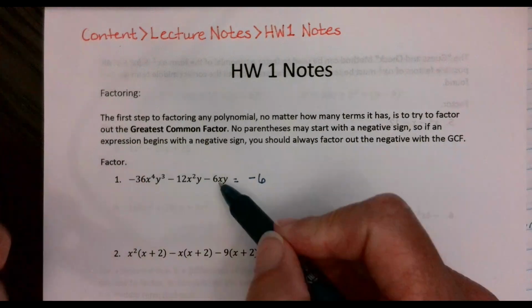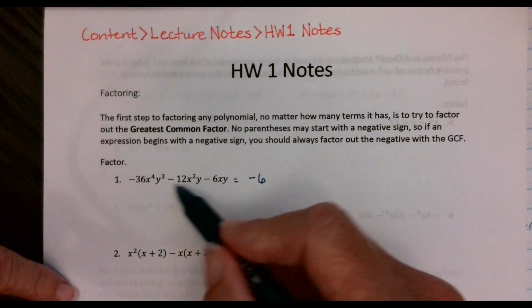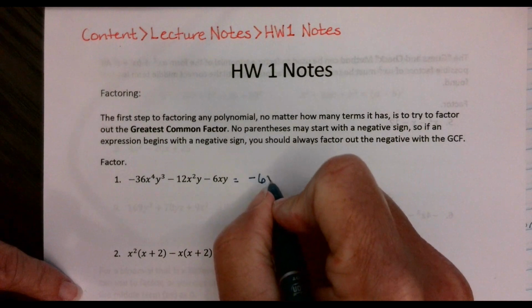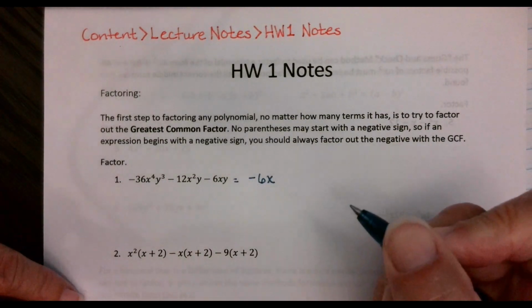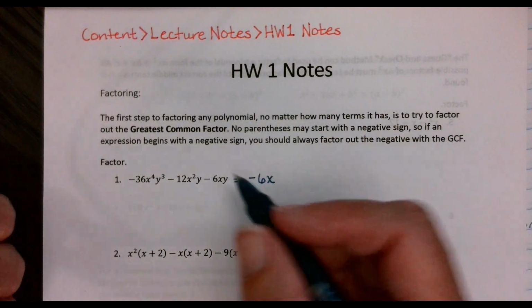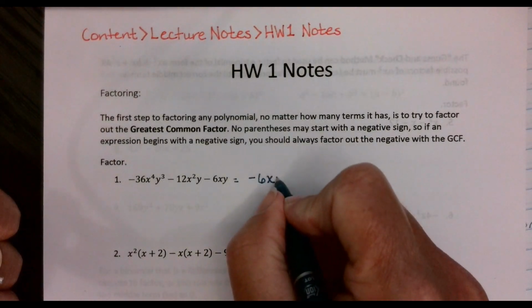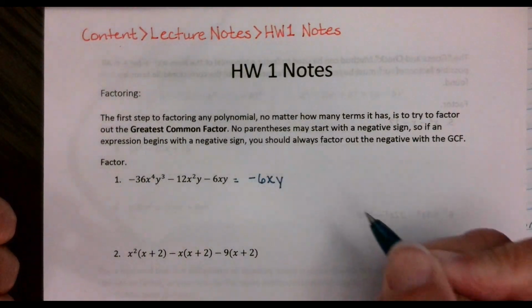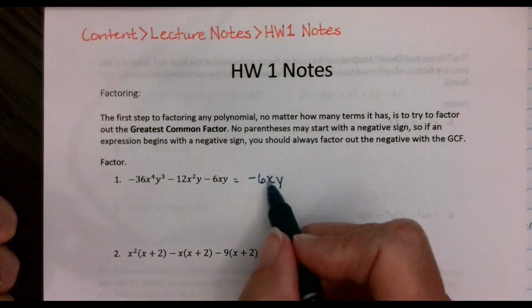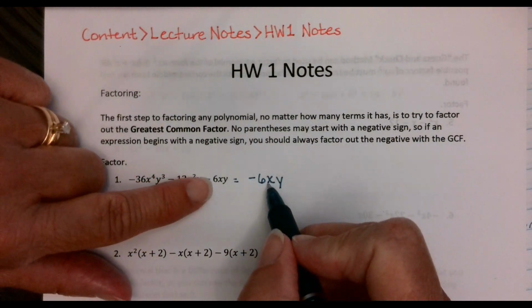They all have at least 1, so that is going to be our x term. Same thing with the y: this has 3, this has 1, and this has 1. So you take the variable with the lowest exponent, and that's why x to the first and y to the first.